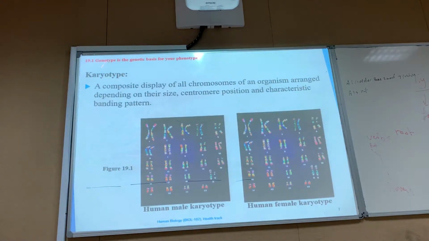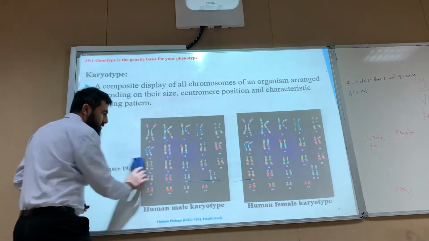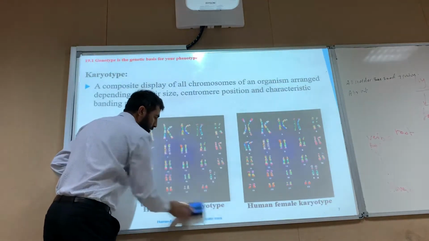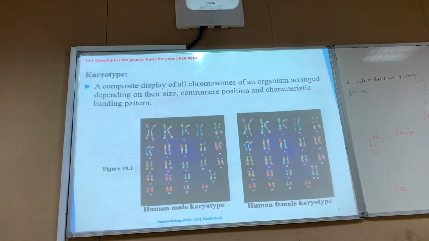Okay, so we remember the karyotype. The karyotype shows the chromosome arrangement. It is very important in studies where you're looking at alterations in chromosome number, because by looking at the karyotype you can pick up changes in chromosomes, like deletions, additions, missing chromosomes, or an extra chromosome.